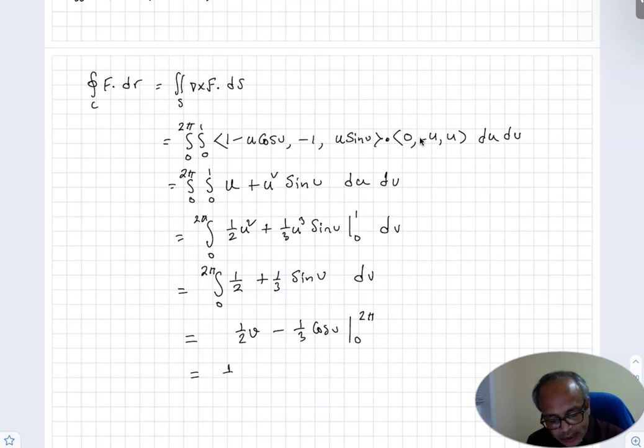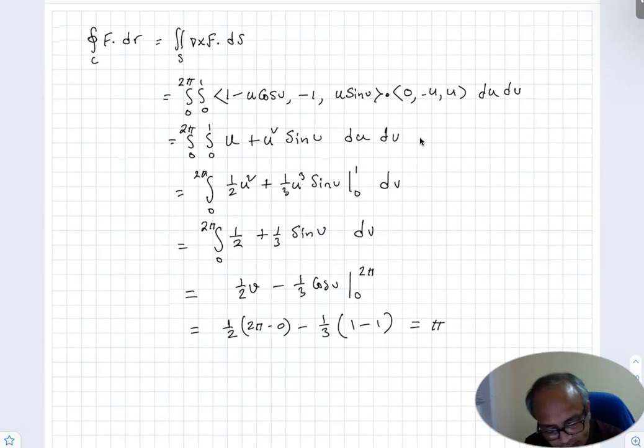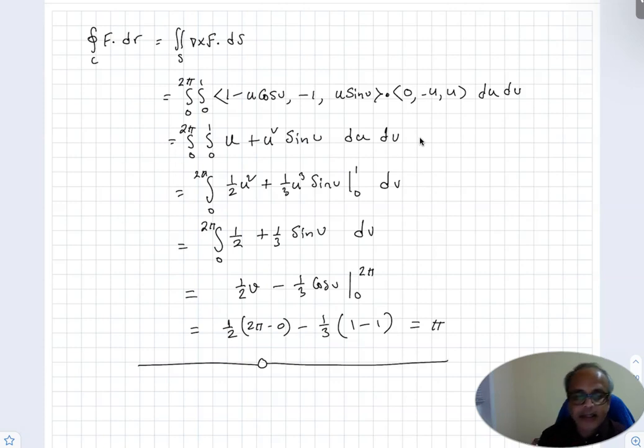The first term is half v: half times 2 pi minus 0. The second term is 1/3 cos v, so 1/3 times cos 2 pi, which is 1, minus cos 0, which is 1. So the final result is pi. That's straightforward, so you can go back and review what I have just presented.